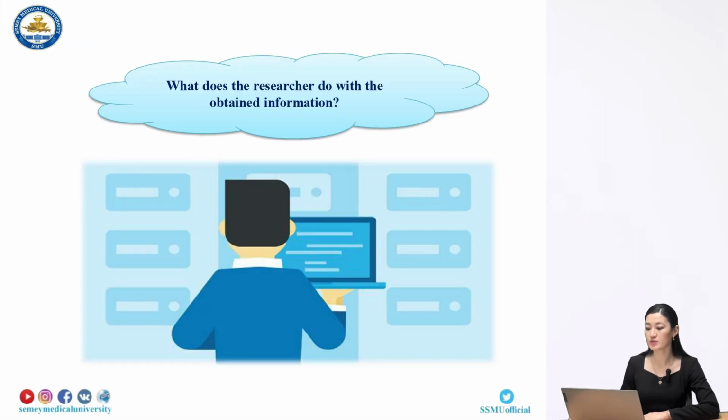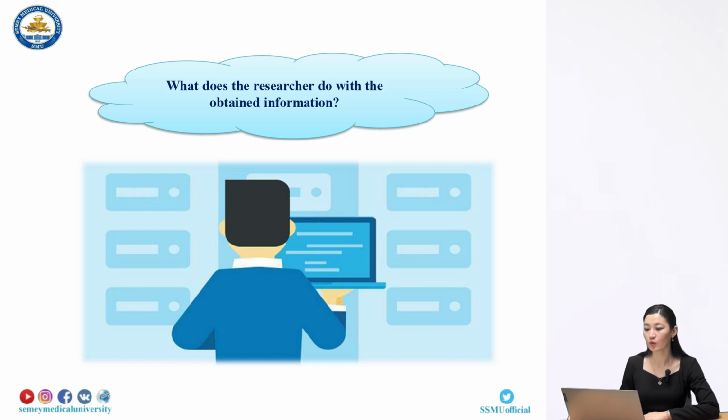After learning about the different research strategies used for data collection, you might wonder, what does the researcher do with the obtained information? The researcher conducts an analysis of the collected data, but before the analysis can begin, the data must be prepared and organized properly.